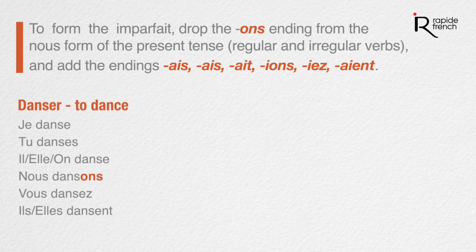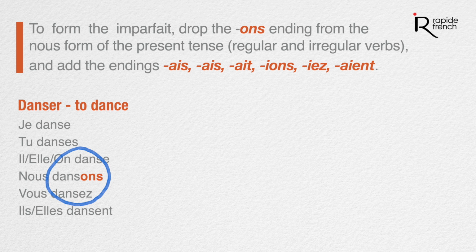When you conjugate the verb in present tense, then you go to the nous form of the verb. That is the only thing we need. Then you drop the ONS at the end of the nous form, and you're left with the root. And what's the root? DANS. And this will serve as your root, as your stem for the formation of the imparfait.